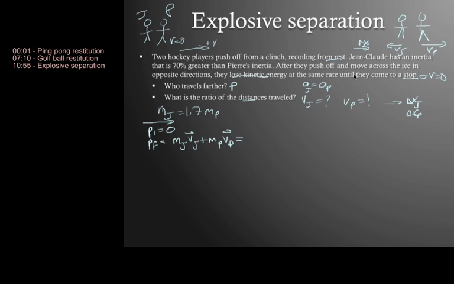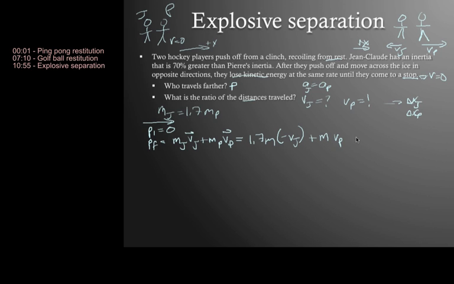So the mass of Jean-Claude is 1.7 times the mass of Pierre, so I'm going to go ahead and put this in. 1.7 m. And Vj is moving to the left, so that's minus Vj, the speed of Vj that I want to know, plus m and then Vp.